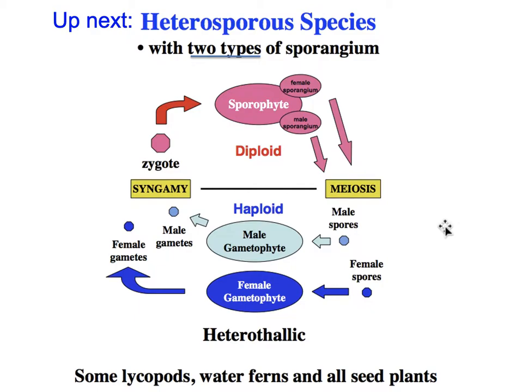Therefore, by definition, all heterosporous species are heterothallic, because we're always going to have two types of gametophytes. Some of the lycopods, some of the aquatic ferns, and all of the seed plants are heterosporous.